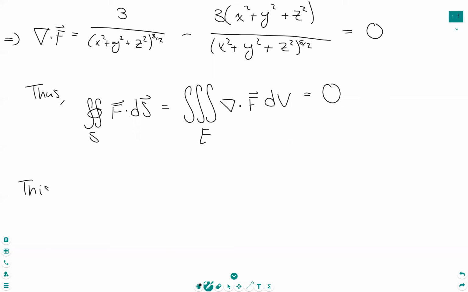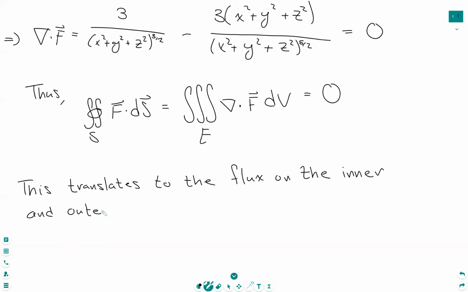So this translates to the flux on the inner and outer sphere canceling.